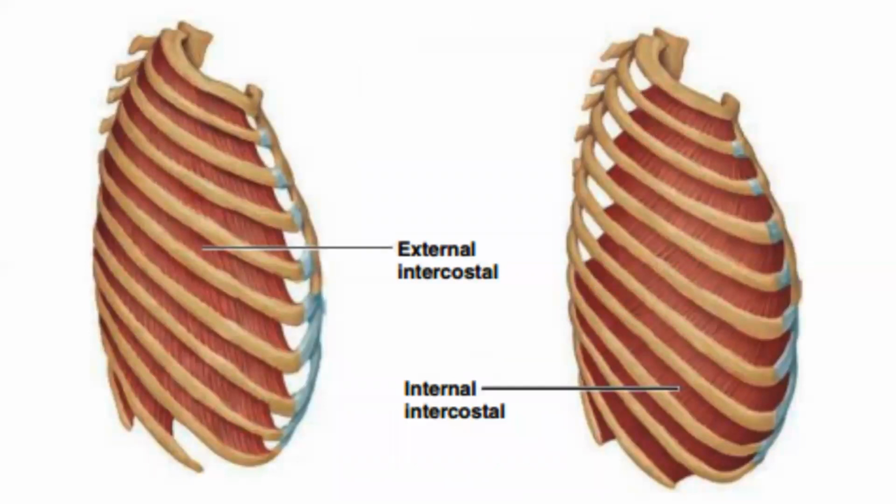So now, how do we breathe? If we remember the thoracic cage, now you can see two muscles here, and we have three muscles: external intercostal, internal intercostal, and innermost intercostal. The external intercostal muscles are in between the ribs, and their direction is going downwards and medially, and internal intercostal is opposite, downwards and laterally.